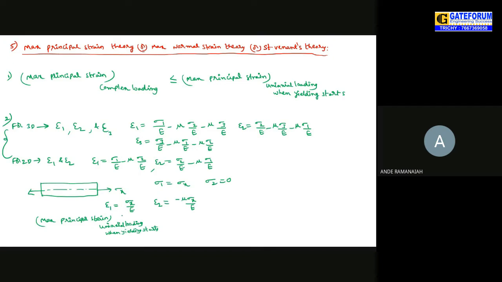The maximum principal strain under uniaxial load will be sigma x by E, and when yielding starts, this reaches SYT by E. So the right hand side term value is SYT by E.